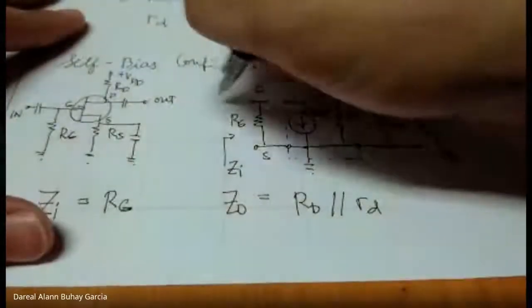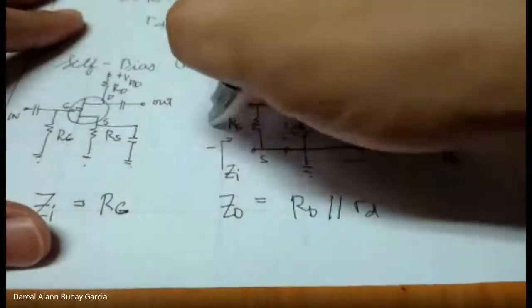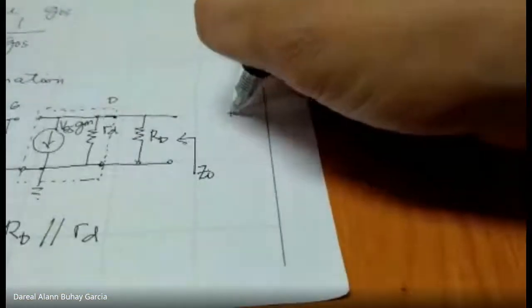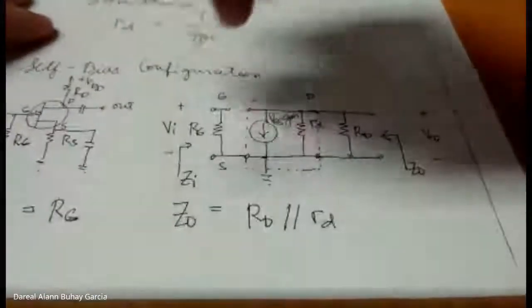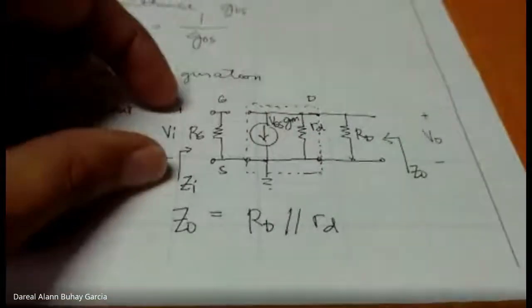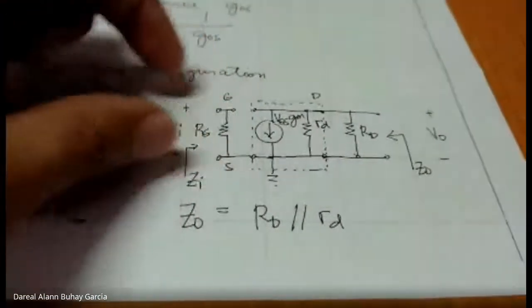VI is directly equal to VGS. But VO is equal to the current times the resistance, because VO is due to the current that passes through the load.